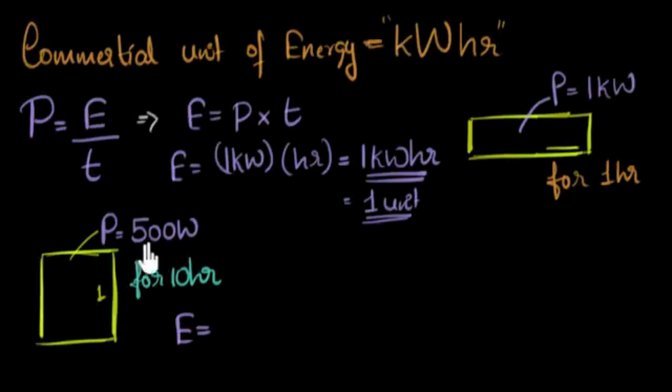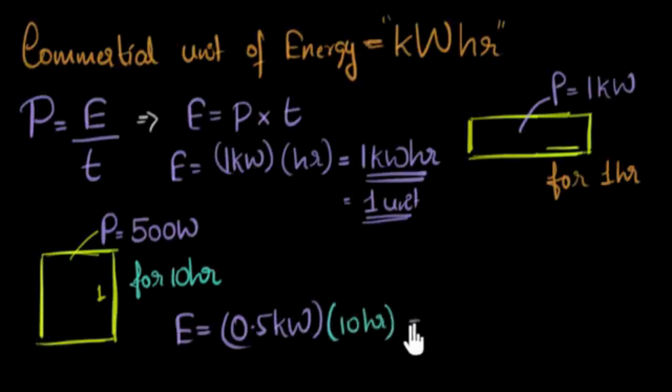Now 500 watt is half a kilowatt, right? Kilowatt is 1000, so this is half of that. So we'll substitute half a kilowatt, or 0.5 kilowatt. And time is 10 hours. So 0.5 times 10 is 5 kilowatt hour.